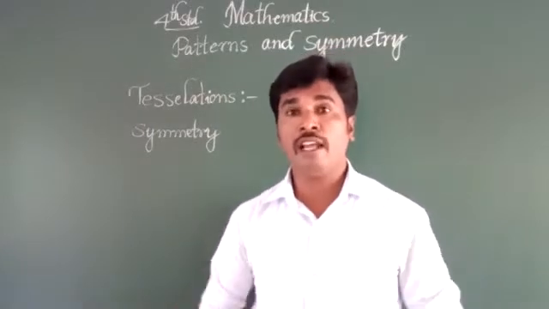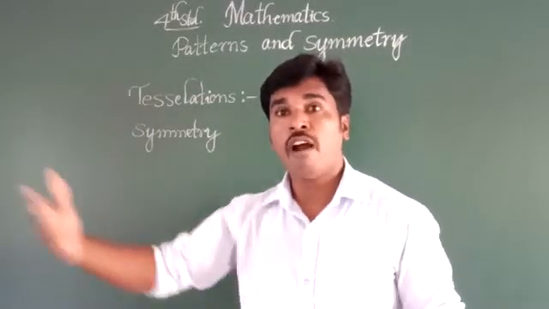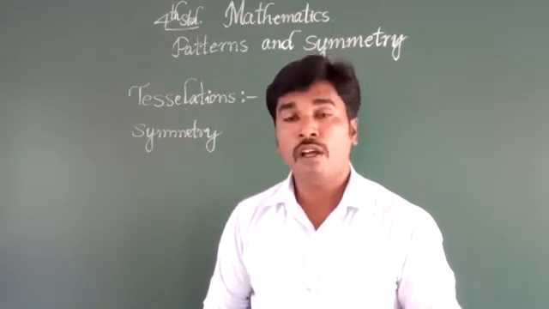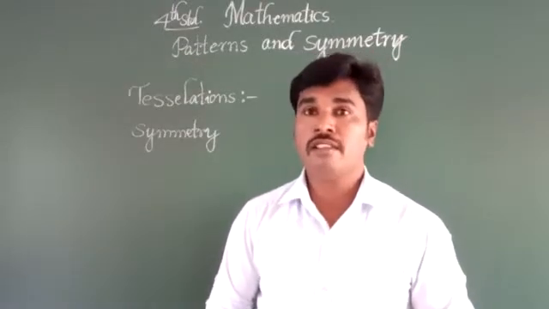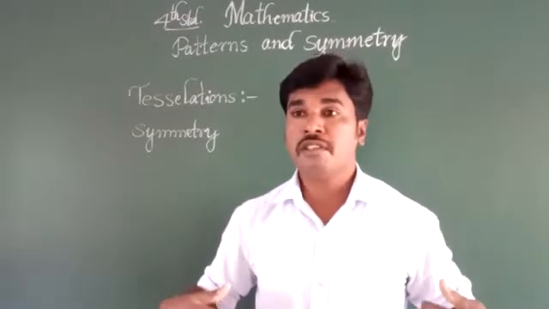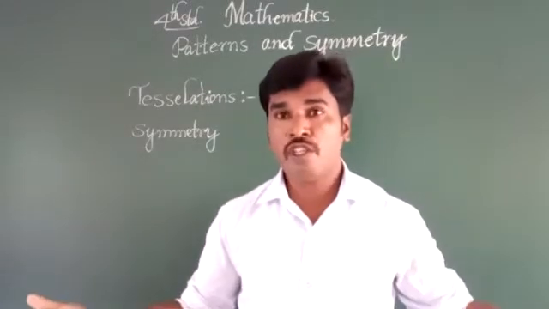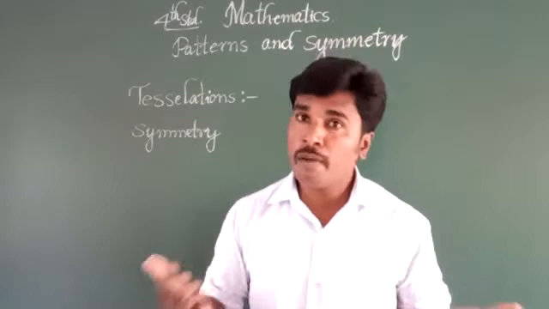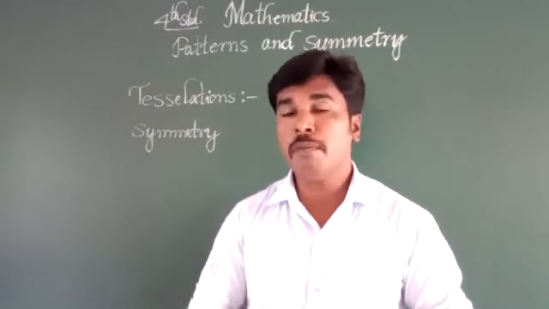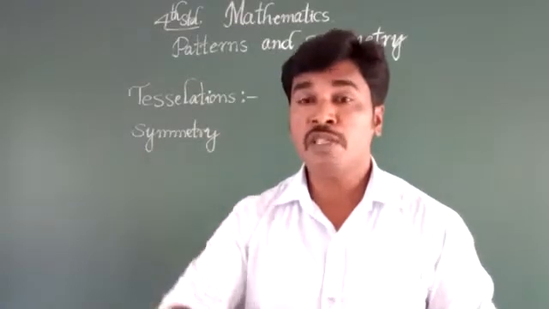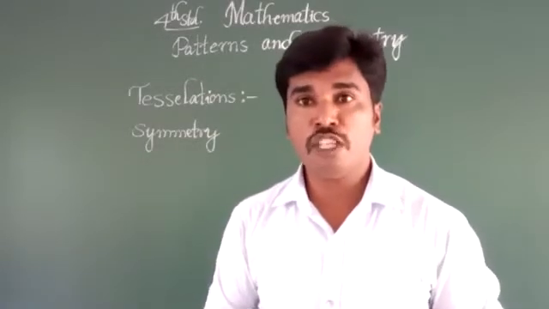Tessellation of floor tiles, tessellation of wall tiles, and also some types of designs occur. So in your dresses or on the mat, we observe different types of tessellations. The best example is the chessboard. Have you seen a chessboard?